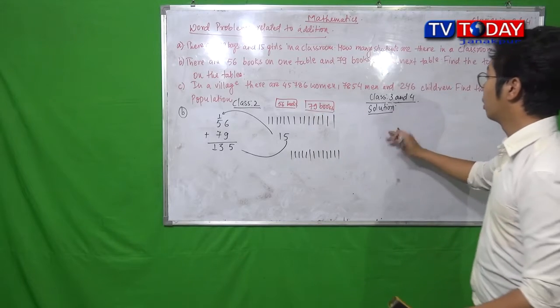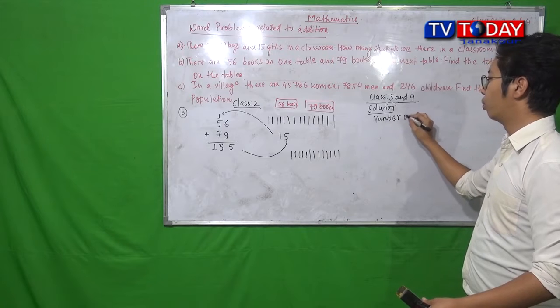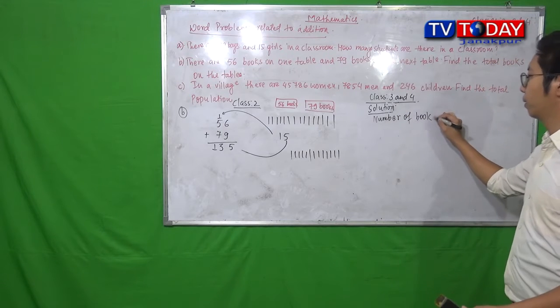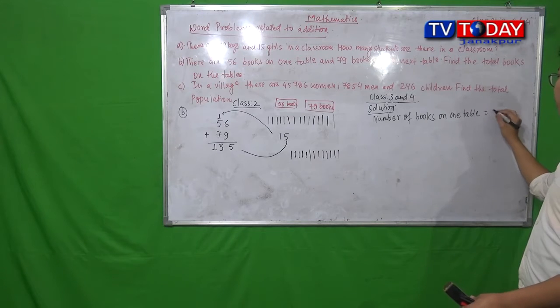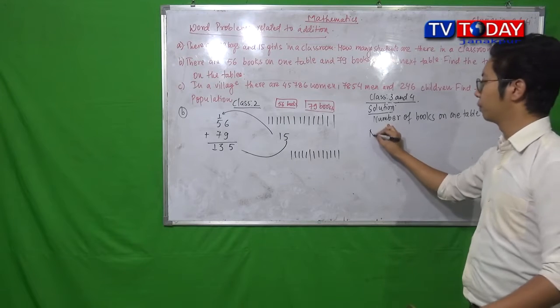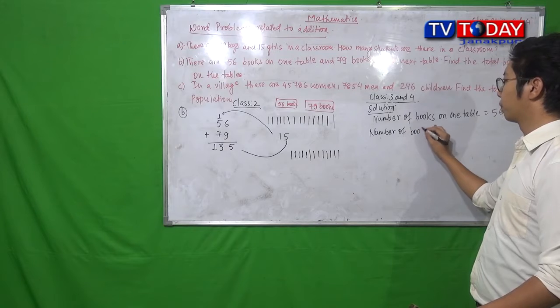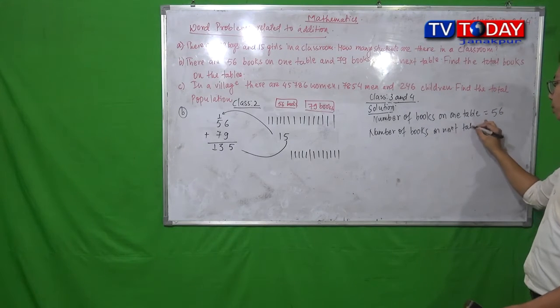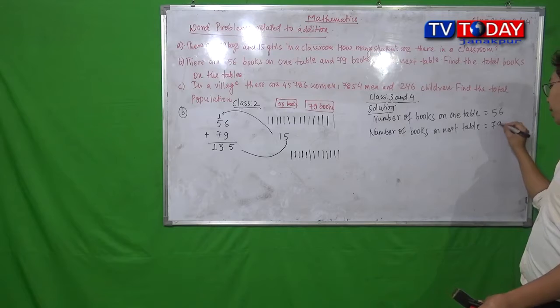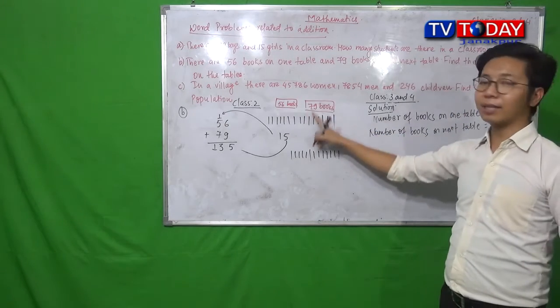So you have to write what? Number of books on one table. How many? 56. Number of books on next table. How much? 79.